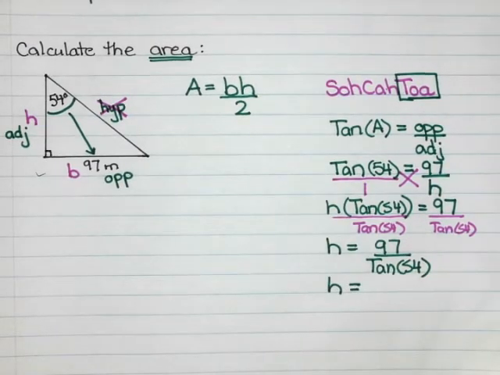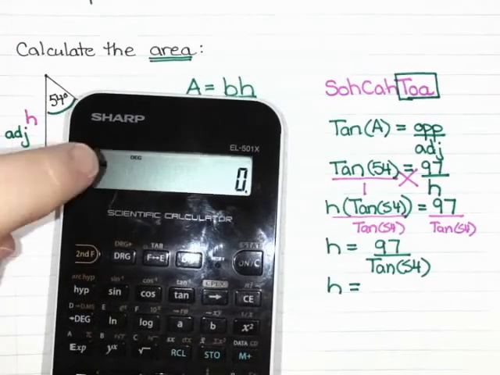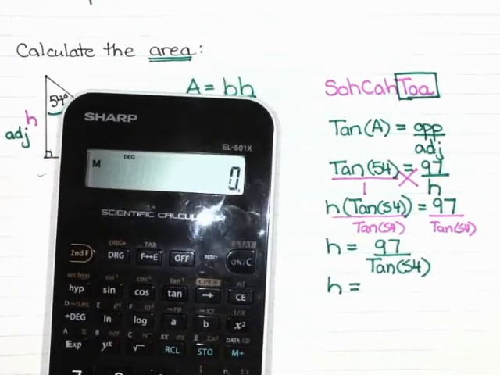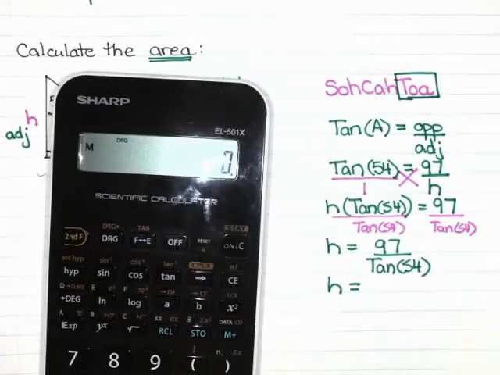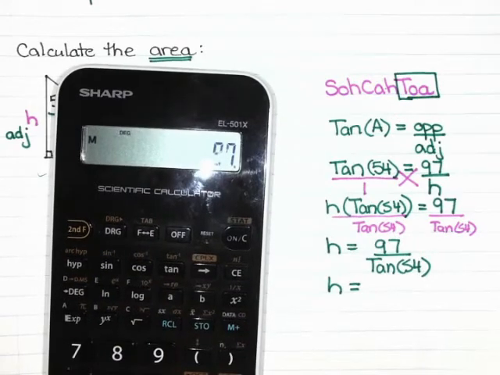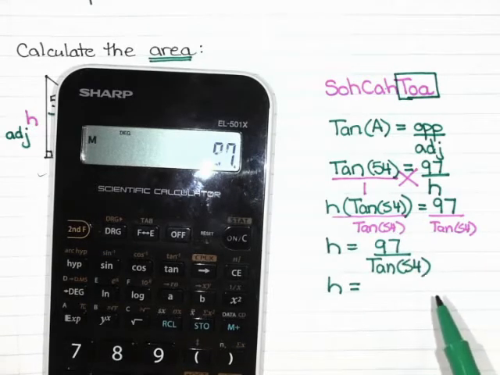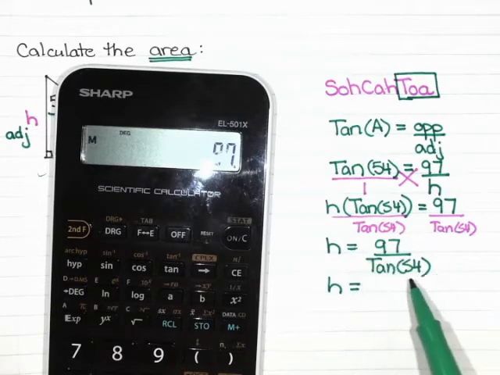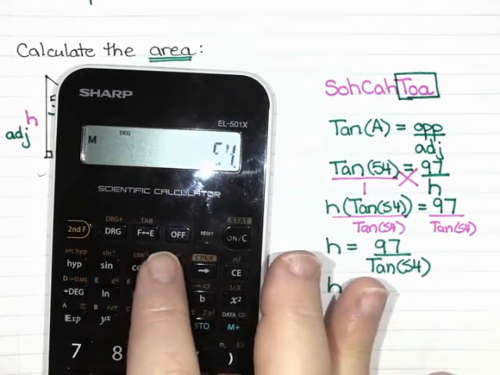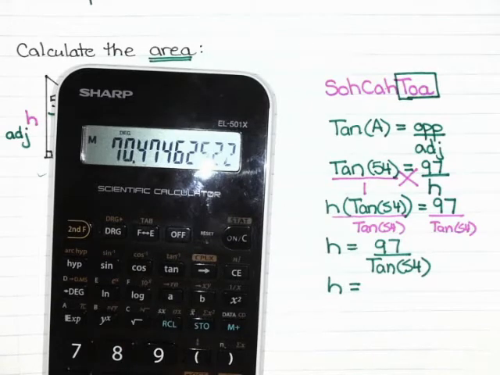So on my calculator, first things first, am I in degrees? Yes, I am. So 97 divided by, if when you press the tan button, you see the word tan, you would just do divided by tan 54. But I know that doesn't happen on my calculator, so I'm going to end up dividing by 54 and then pressing tan and then hit equals.